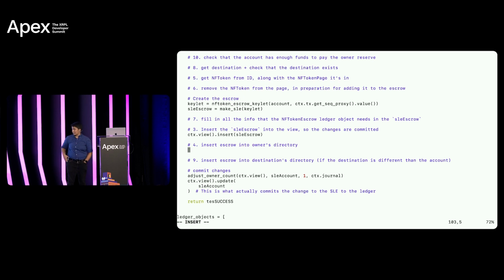I believe it's the line that's right after the insert line in the escrow create example, if that's helpful, or the couple of lines. Anyone figured it out?